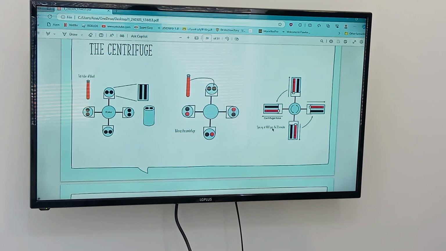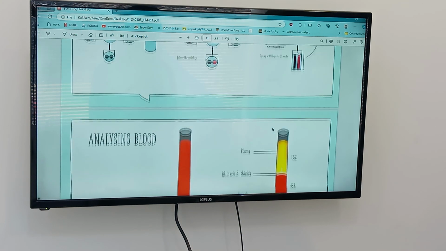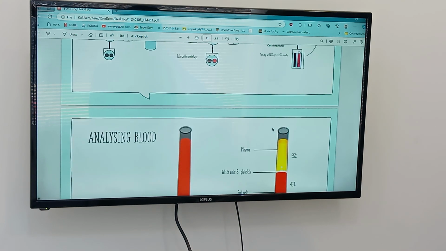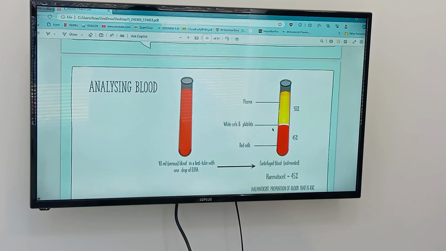When we do the centrifugation for the blood, after 30 minutes, we can analyze the blood. We can see here the plasma.